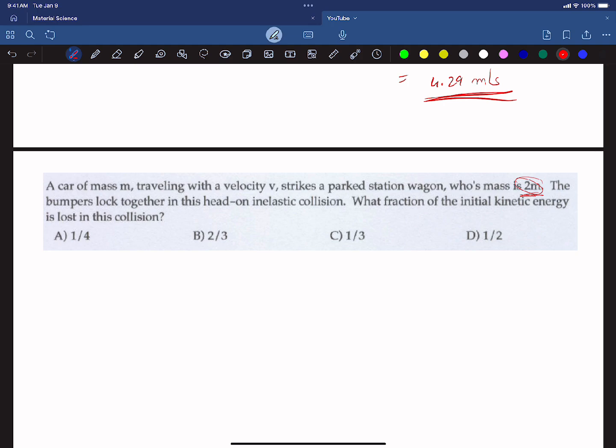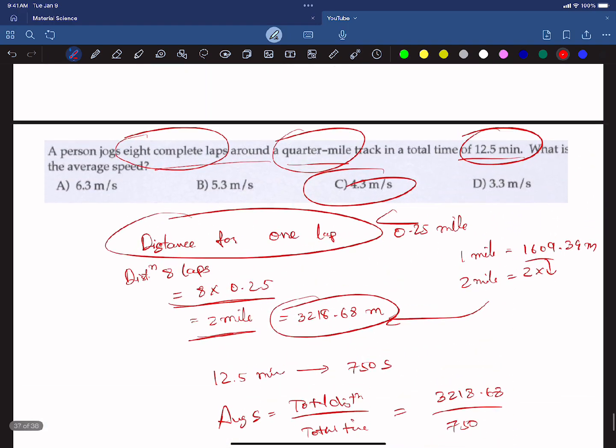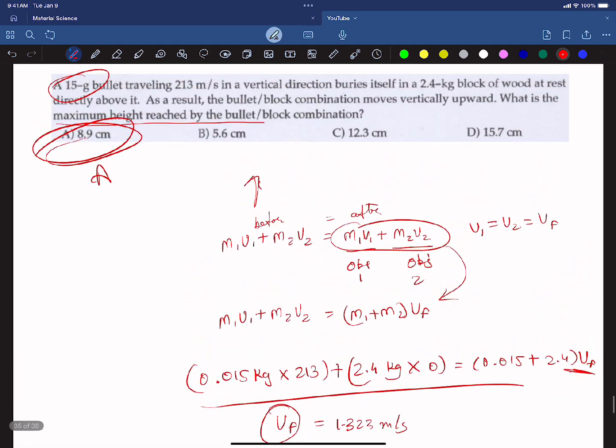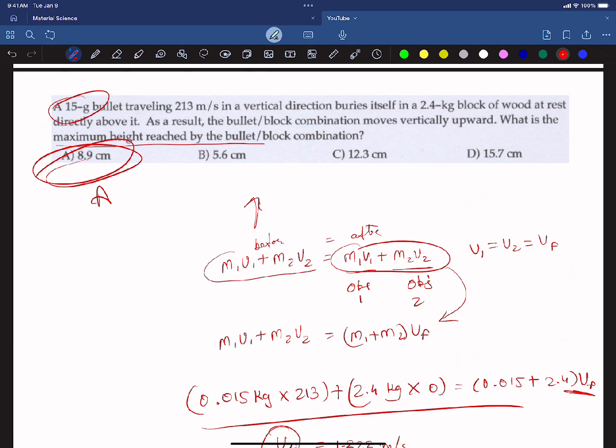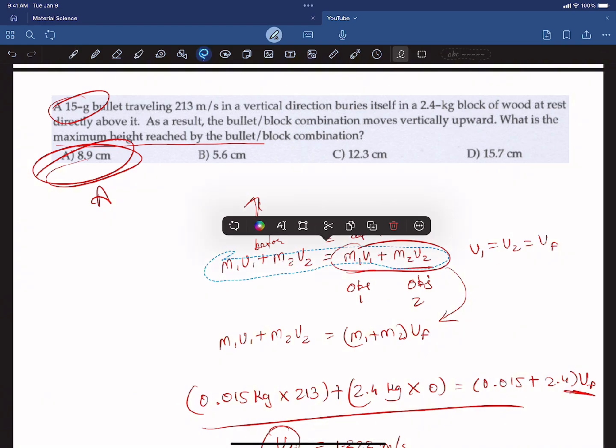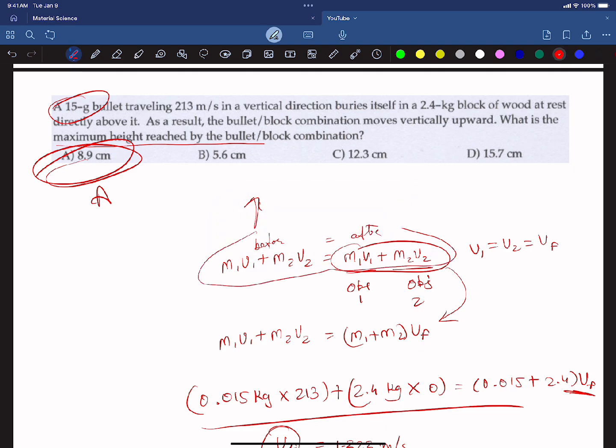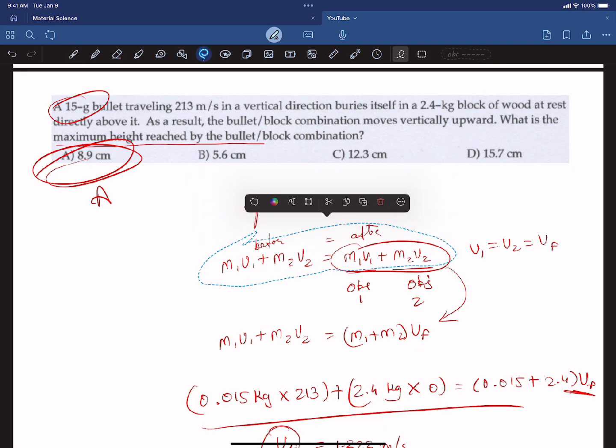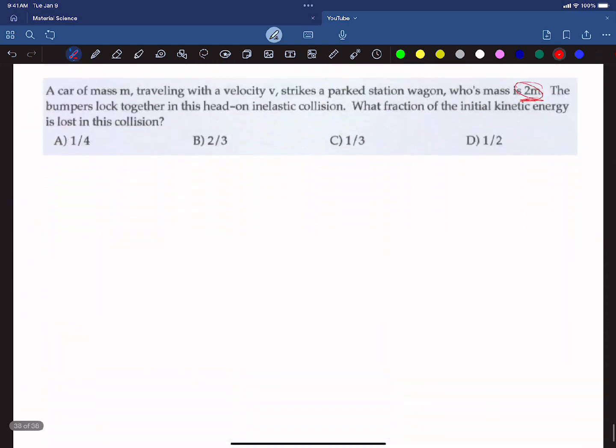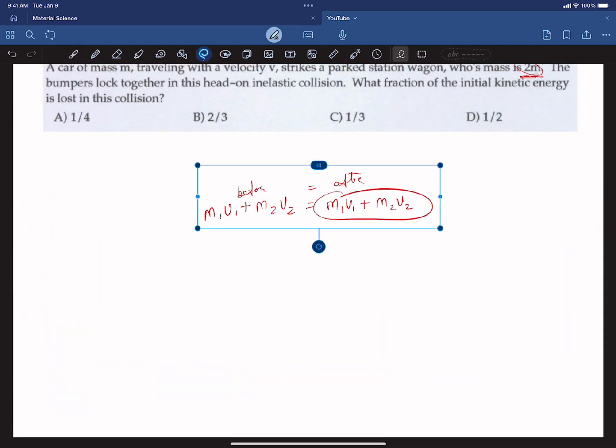So we know that our equation is m1v1 plus m2v2 before the collision is equal to m1v1 plus m2v2 after the collision.